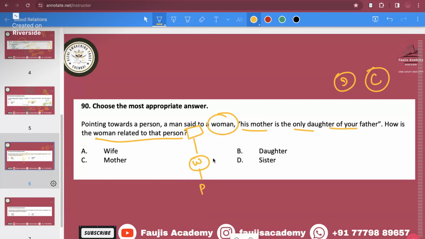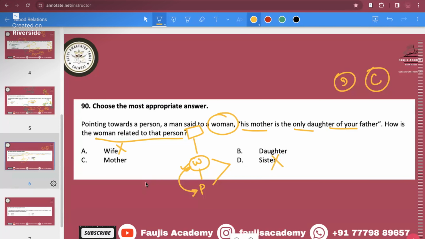You see, there's a clear generational gap. So sister is not possible. Yes, sir, option C. Wife is also not possible. How is the woman from this perspective? If you were that woman, you would call that person P your what?